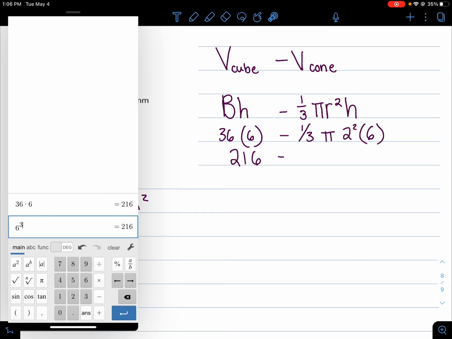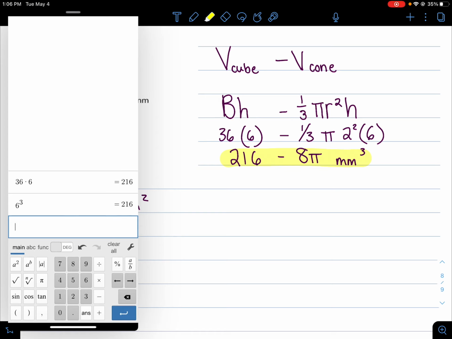Now I'm going to clean this up a little bit before we continue. We understand that 1/3 of 6 is 2, and then 2 times 2 squared, so 2 times 4 is 8. And so we really could slap millimeters cubed right here and then call this our final answer if we wanted to.